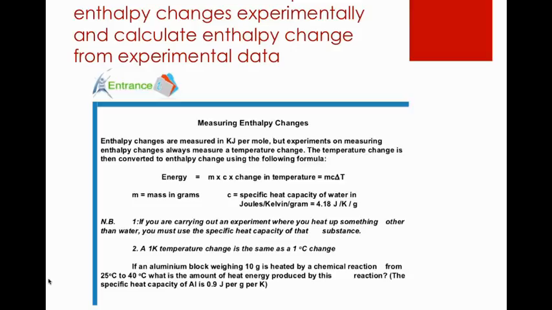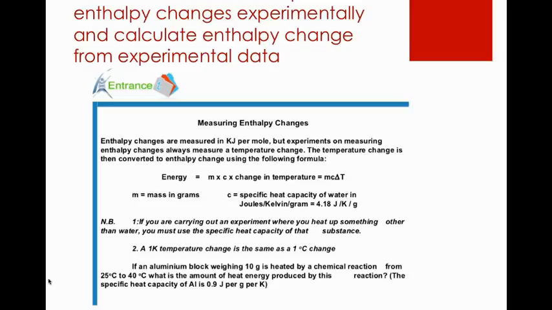Measuring enthalpies experimentally is often done through the study of calorimetry. Calorimetry is the study of the specific heat energy that is created in reactions through the heating of another substance, most oftentimes water.